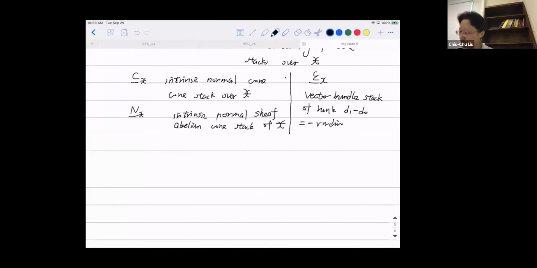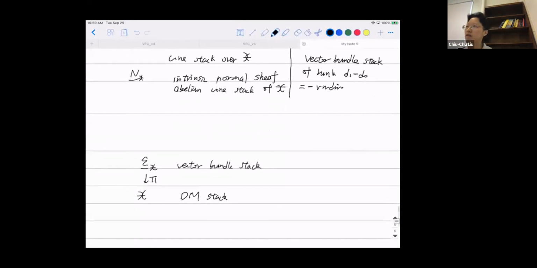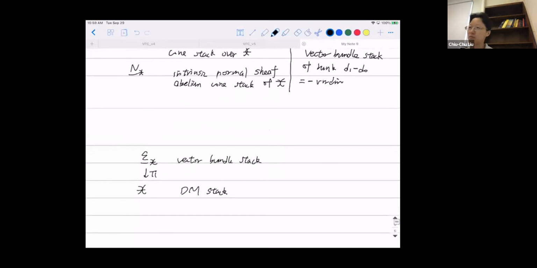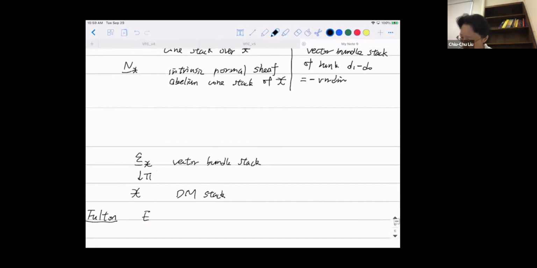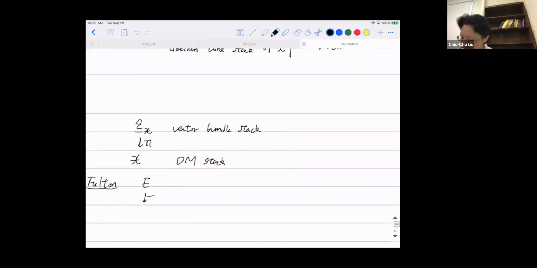So now let's look at this. We have a vector bundle stack over a Deligne-Mumford stack. But let's consider a more classical setup in Fulton's intersection theory, where you have just a vector bundle over a scheme, and the scheme can be singular.